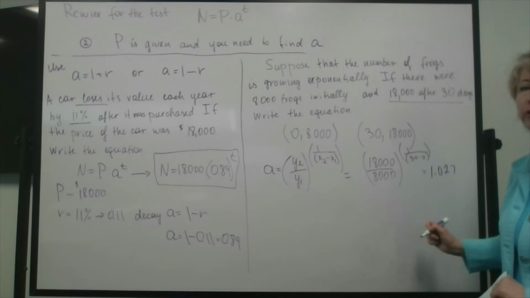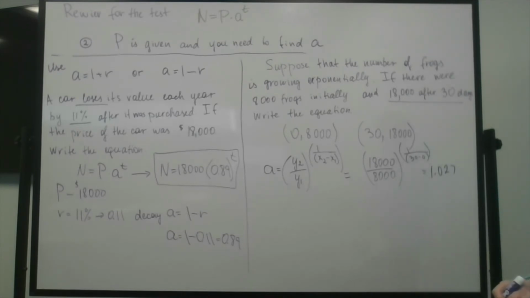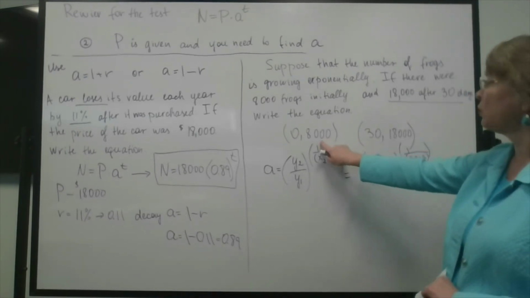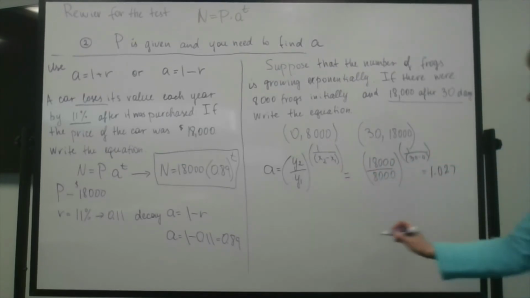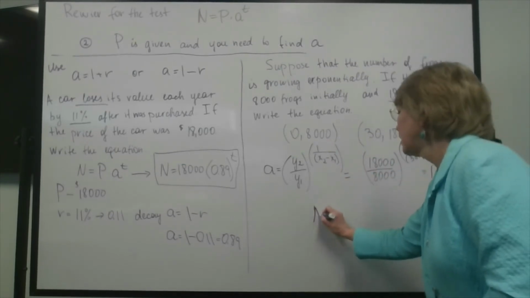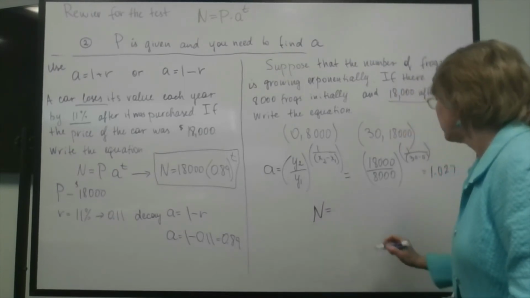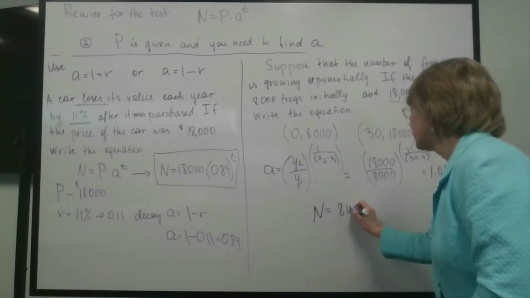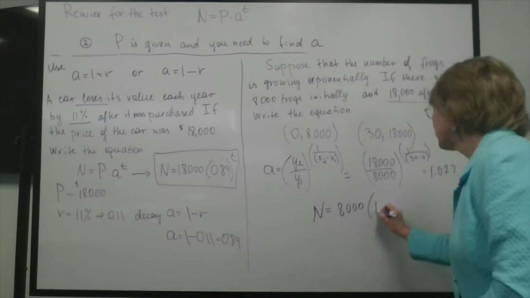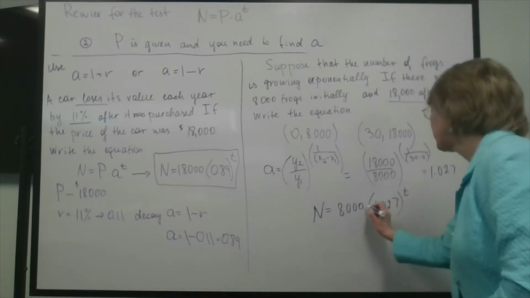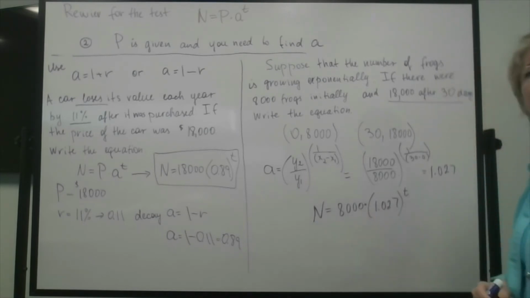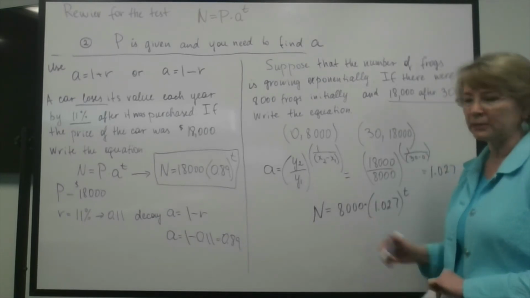Round your answer to 3 decimal places. Now we know our initial value, we know our factor, we are ready to write the formula down. N is equal to 8,000 times 1.027 to the t power, and again I want to emphasize that we have some multiplication here.